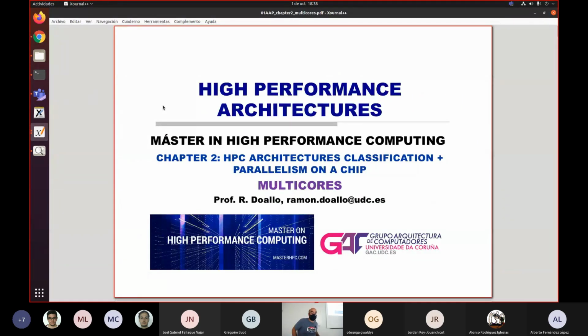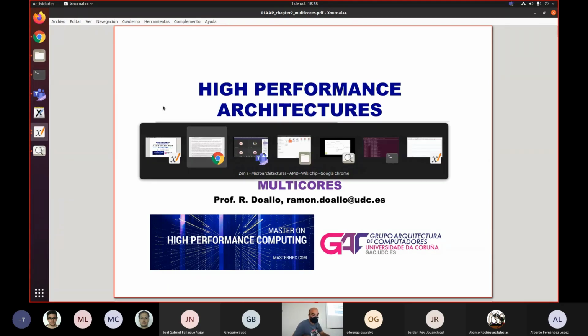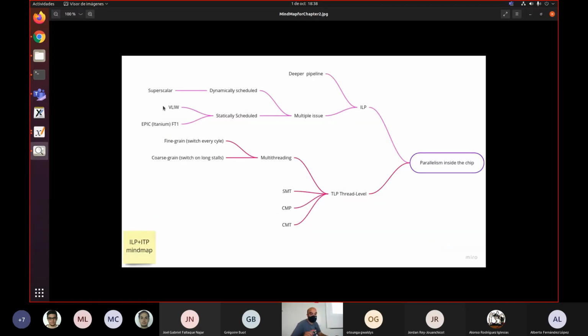We are going to finish just talking about multi-cores. Okay, so just to review the mind map. In the first part of the class, we talked about parallelism inside the chip, and we saw two different sources of parallelism: instruction level parallelism, which we already commented on in this part of the mind map, and then in the most recent part, we talked about thread level parallelism.